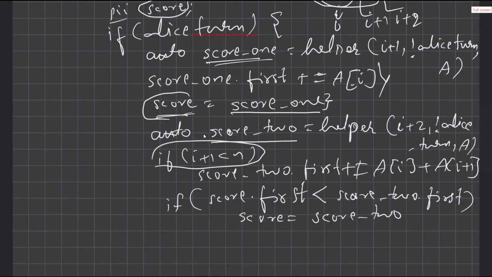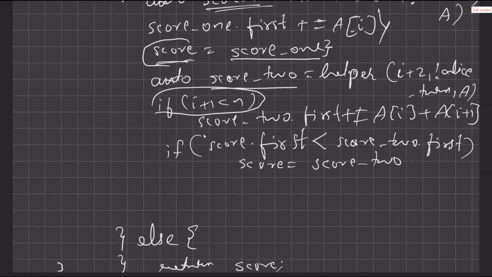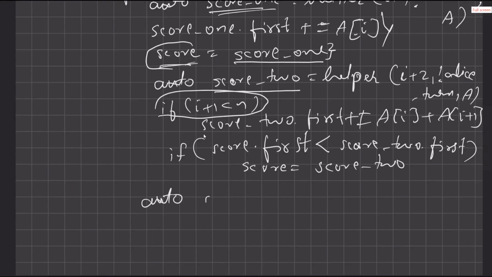So we are adding two score values, and then we'll be comparing this score of first dot less than score underscore 2 dot first. Similar thing will go with the third case. Now in the third case, Alice will be choosing three values.